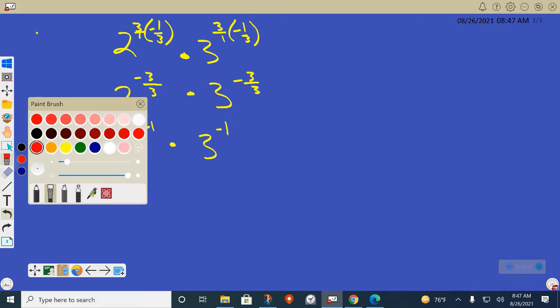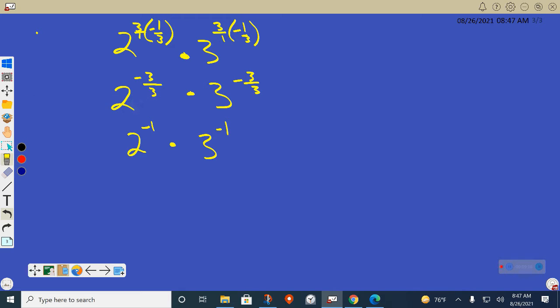Watch this. So this is 2 to the negative 1 power over 1. This is 3 to the negative 1 power over 1 also. So I'm going to reciprocate. So this becomes then 1 over 2 to the 1 power. But I don't have to put the 1 power because everything's the 1 power. And I got 1 over 3 to the 1 power.